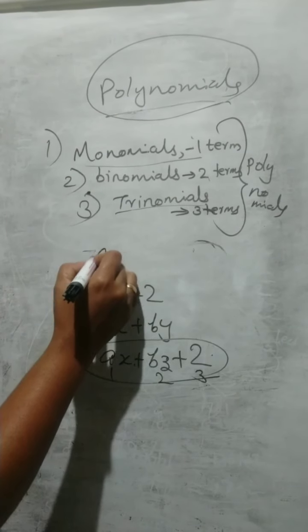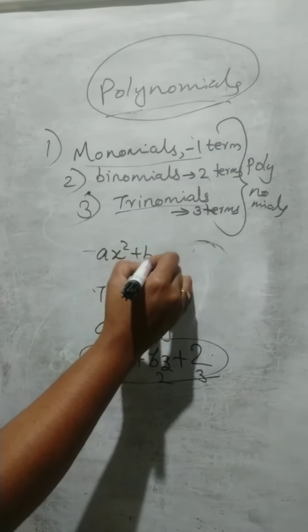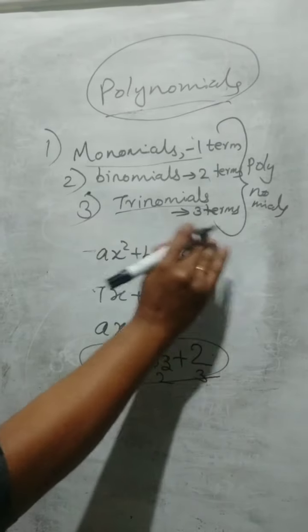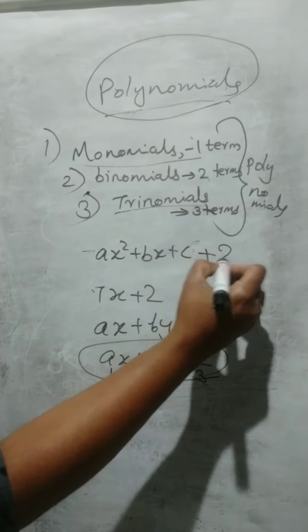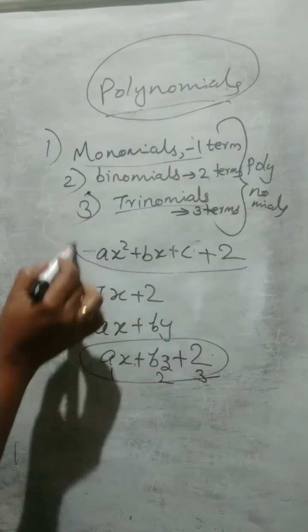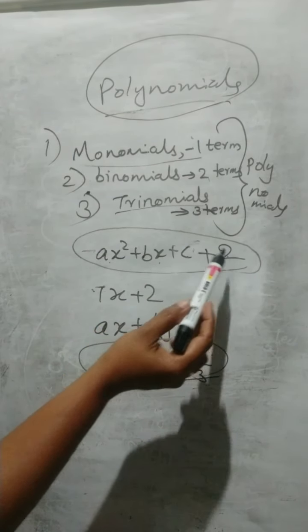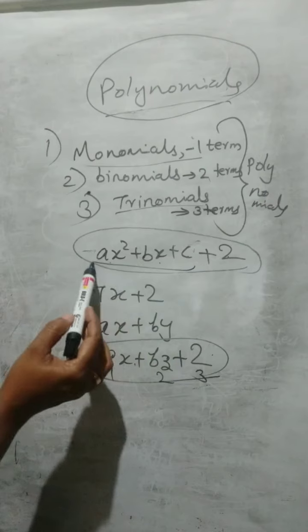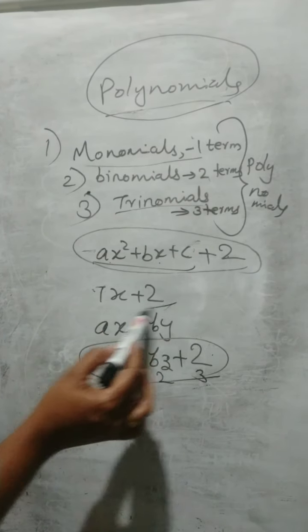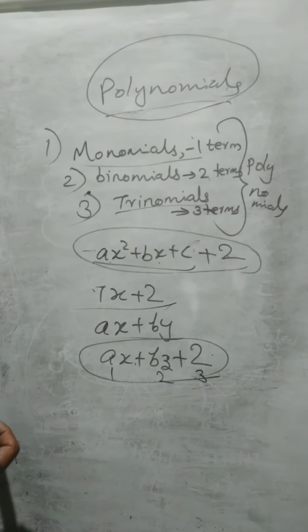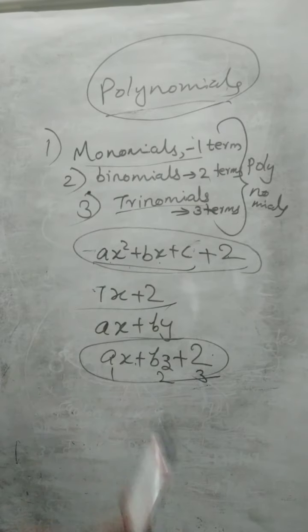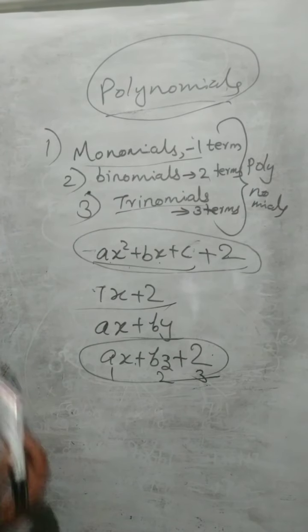Here, x square plus bx plus c, then one more, plus 2. This is a polynomial: 1, 2, 3, 4. More than 3 terms. Every algebraic expression is a polynomial, but from 4 terms onwards, we have to say polynomial itself.